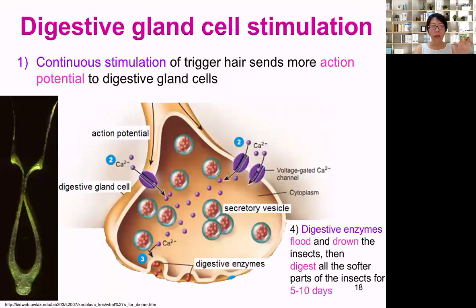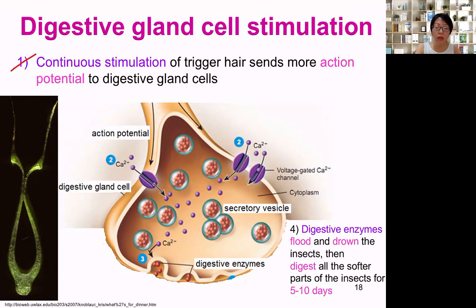Okay, now after the trap closes, if the insects continue to move inside the trap and keep on triggering the sensory hairs, it will cause the two flaps or the lobes to close tighter and tighter, right? And at the same time, that means it keeps on sending action potential to the midrib cell, keeps on expanding, so this one keeps on coming closer and closer and closer, okay?